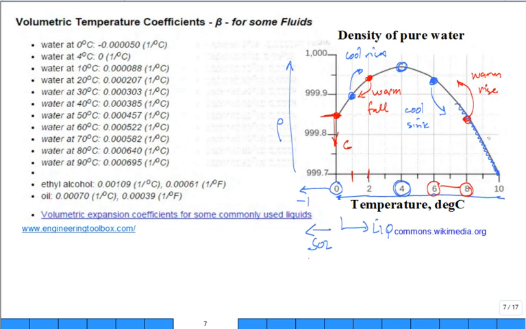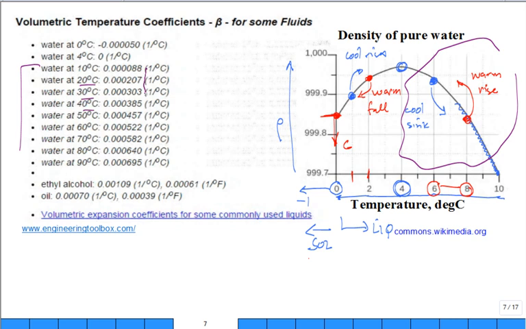This is the vast majority of the time. That makes sense. Something warm, it's lighter, buoys up. Something cold, denser, sinks. But every now and then you can get opposites happening in this very narrow range. Yeah, it's pretty interesting, isn't it? So take a look over here. They tabulated 10, 20, 30, 40.